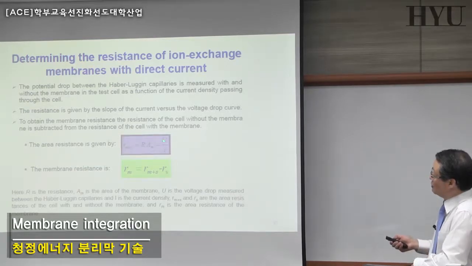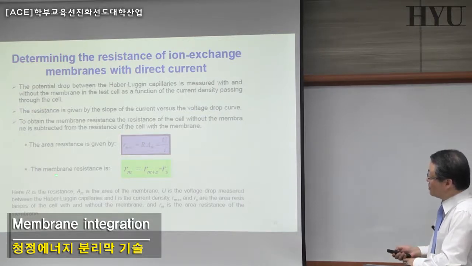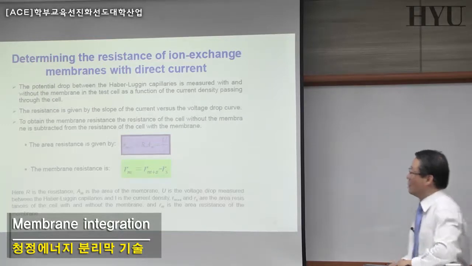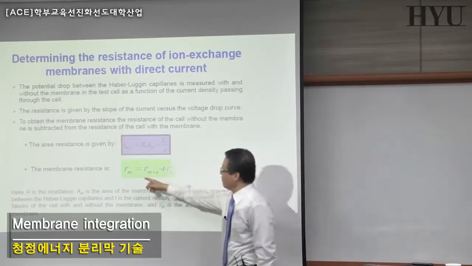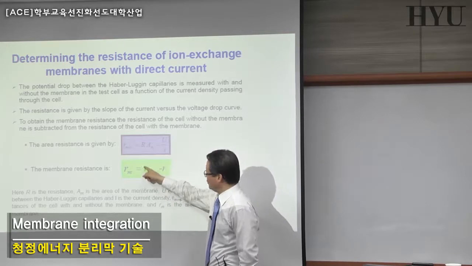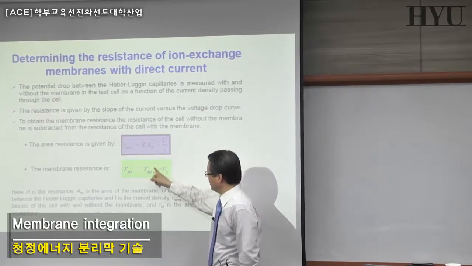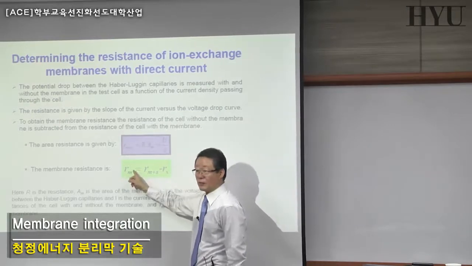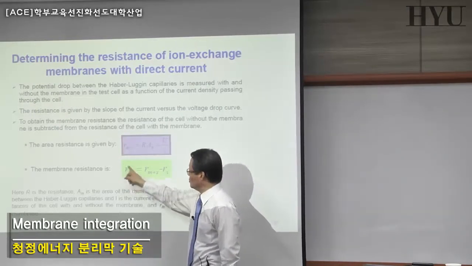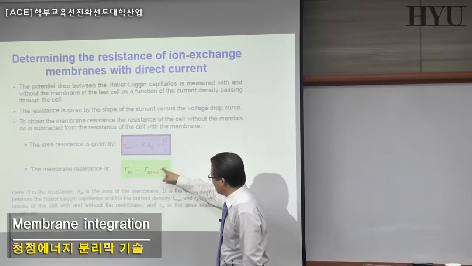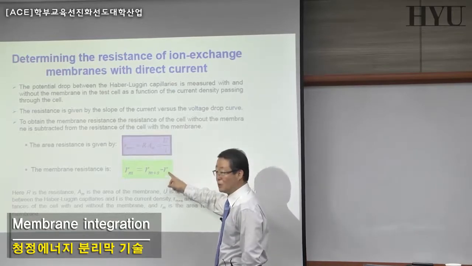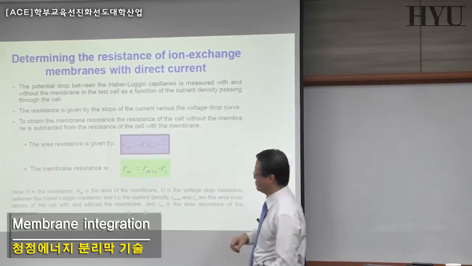This is the voltage divided by the current density in this case. The membrane resistance, therefore, is R_m, and we measure R_m+s, and so R_m+s is R_m plus R_s, of course. R_m is the resistance due to the membrane. This R_s is the resistance due to the solution itself.